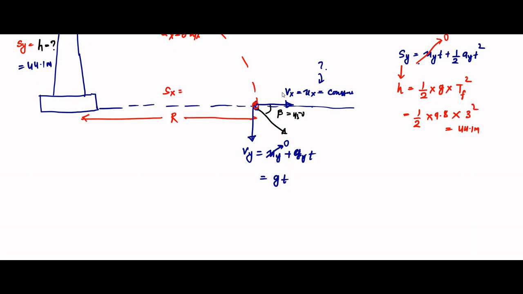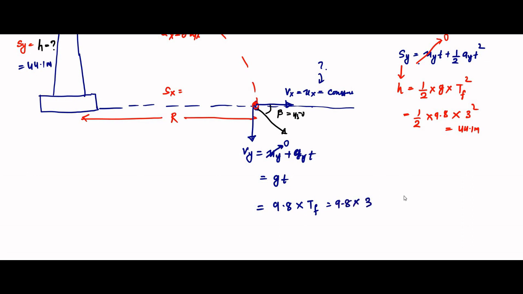Okay, so we have to find the velocity just before the object strikes the ground. So we'll substitute t with time of flight, that is 9.8 into tf, which is equal to 9.8 into 3 seconds.